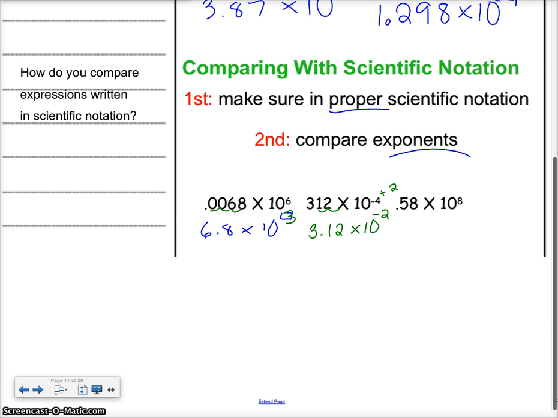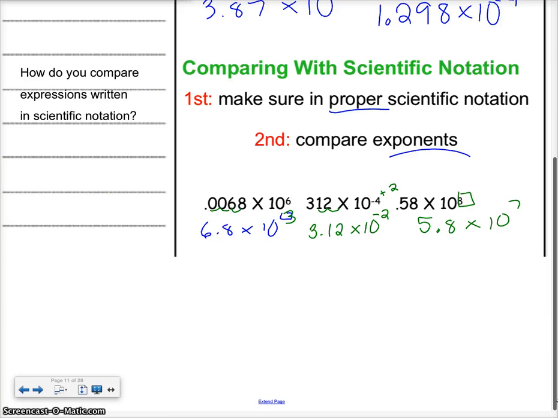My next one turns to 5.8 times 10. Now I have to think about this. I got bigger by 1 because I moved it to the right, which tells me I need to get smaller by 1 for my exponent, so that would turn to 7.